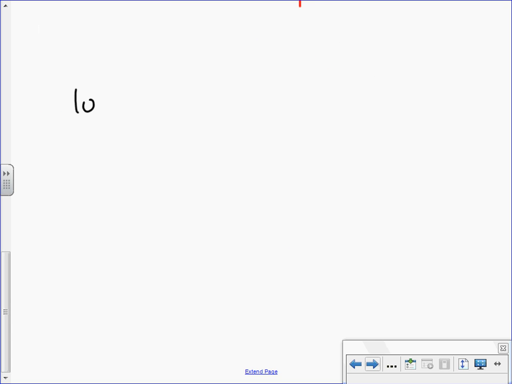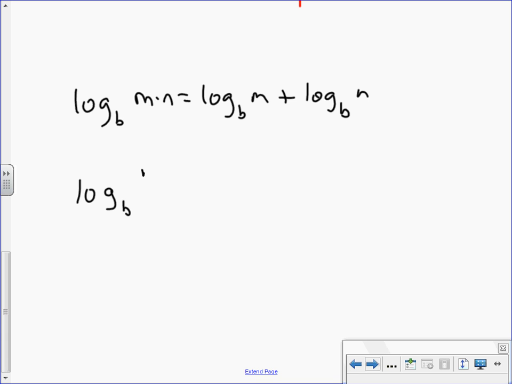We've got 3. The log base B. I use the same letters I use in class. Log base B of m times n is equal to the log base B of m plus the log base B of n. The log base B of m over n is equal to the log base B of m minus log base B of n.